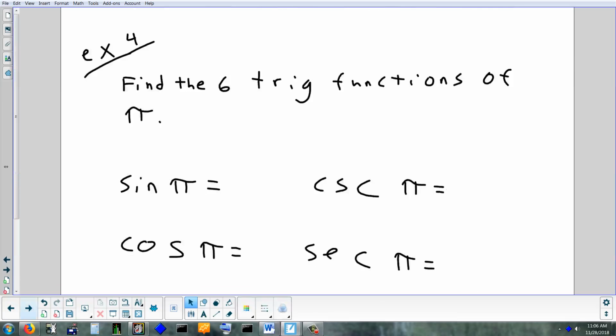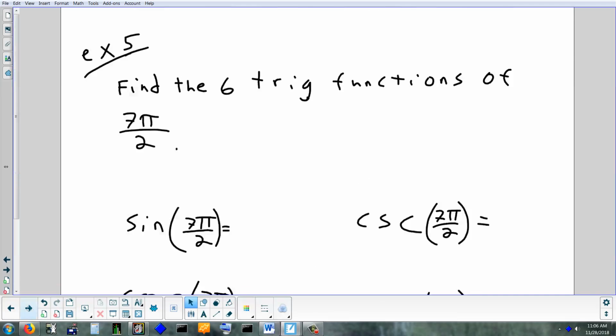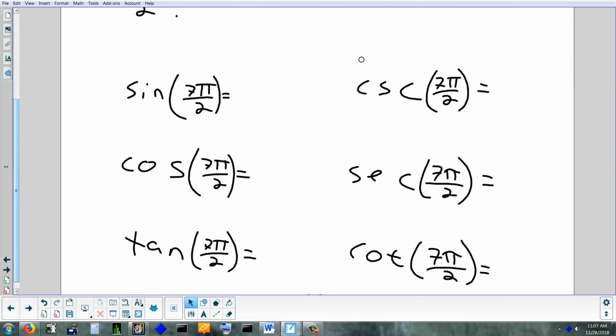Okay, let's look at this one. You know what? Actually, let's do one with radians. And I'll just do the first 3. Sine, cosine, tangent.